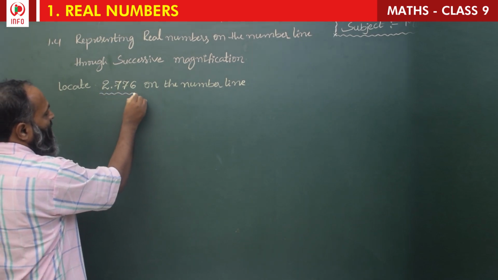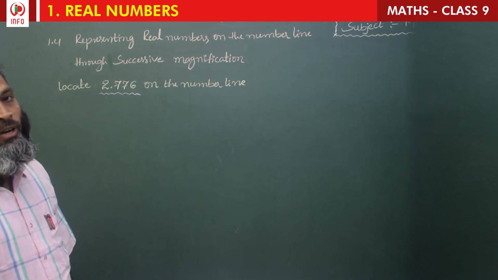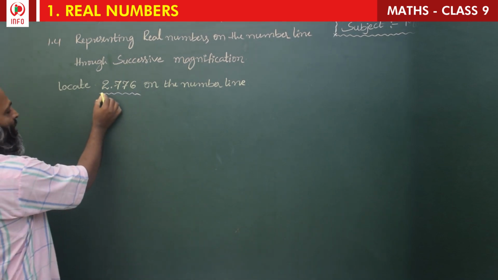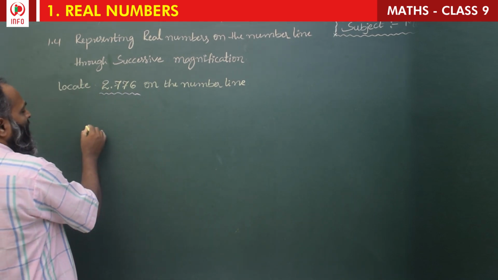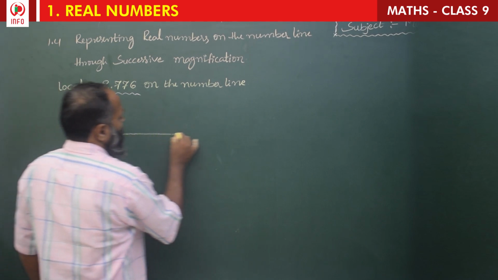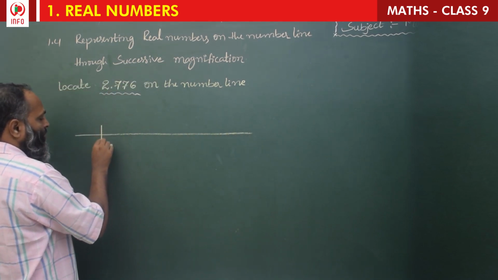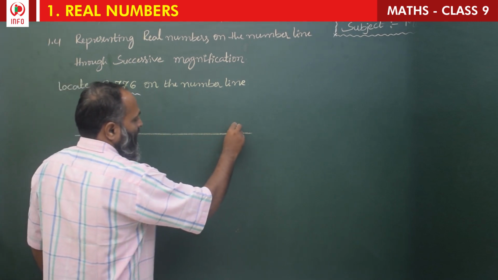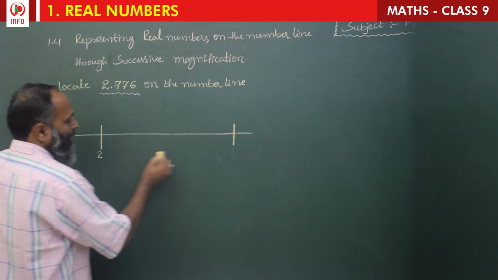We should locate this 2.776 on a number line. The 2 is given, which means it is in between 2 and 3. First we should draw a number line. Here we take 2, here we take 3.